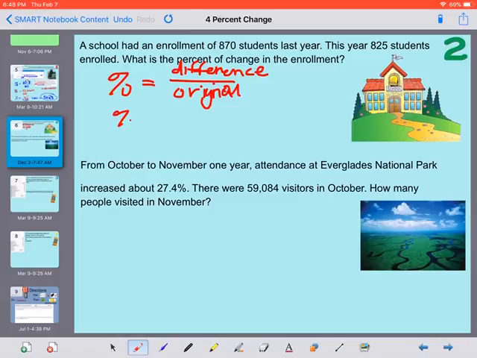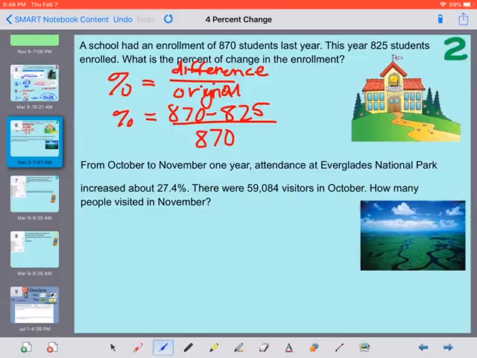So our percent we don't know, but we know that there were 870 students and now there's only 825. So we're going to subtract, difference means subtract, to figure out how much did it change out of the original 870.